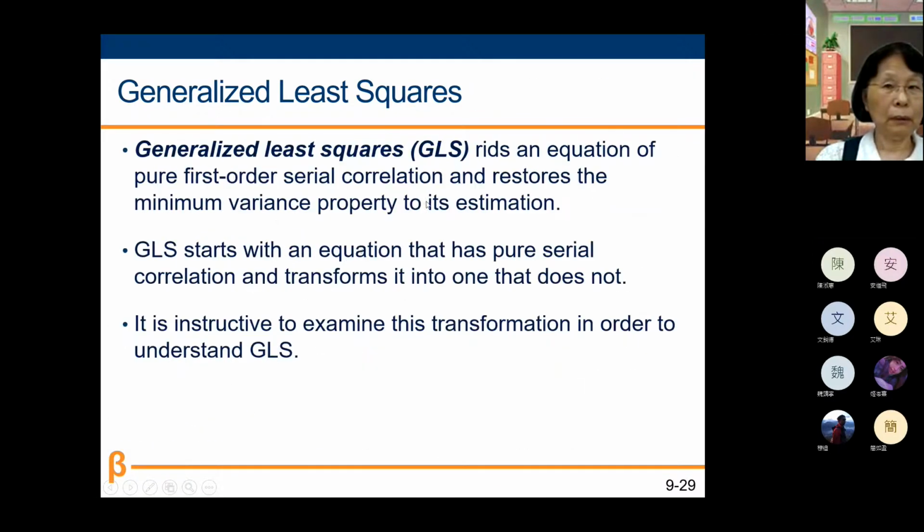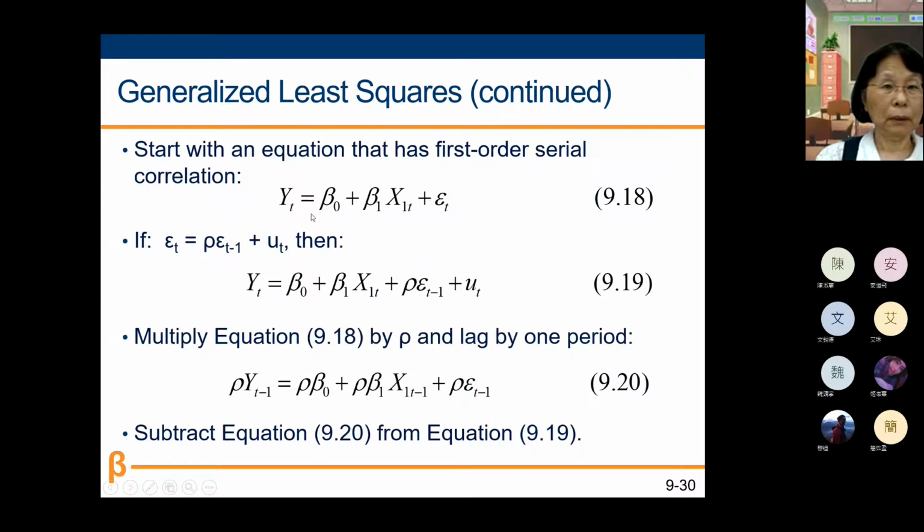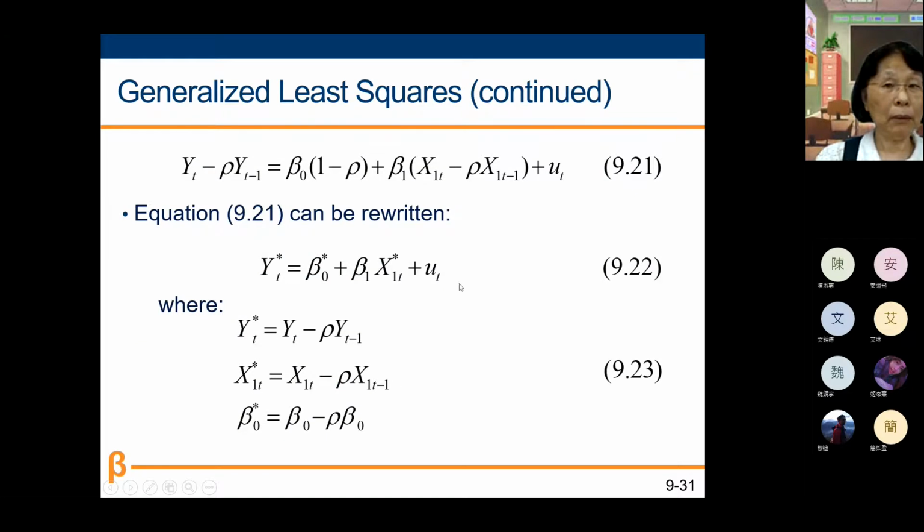Therefore, the R square from the original yt and the new R square from equation 9.22 are not comparable, since they do have different dependent variables.